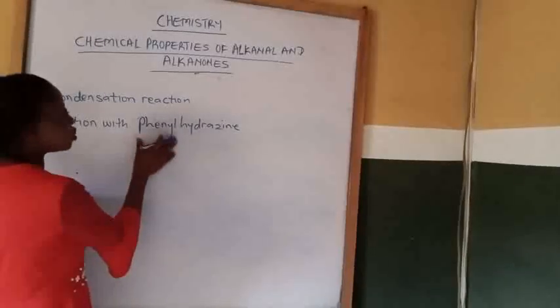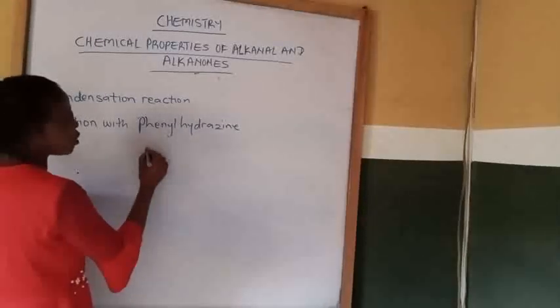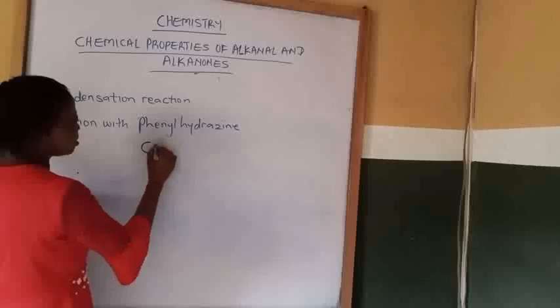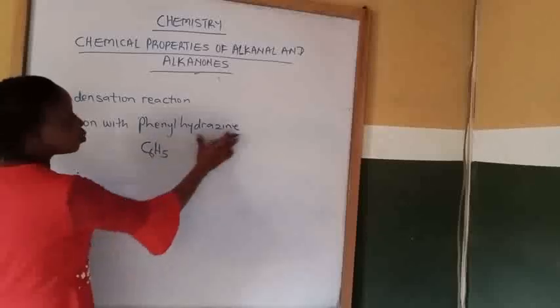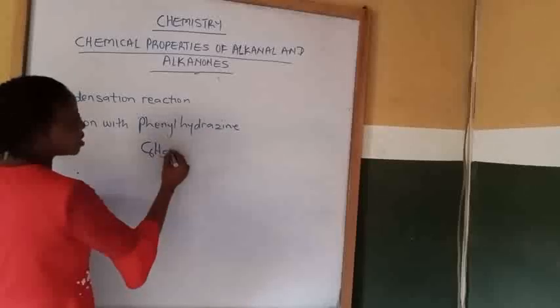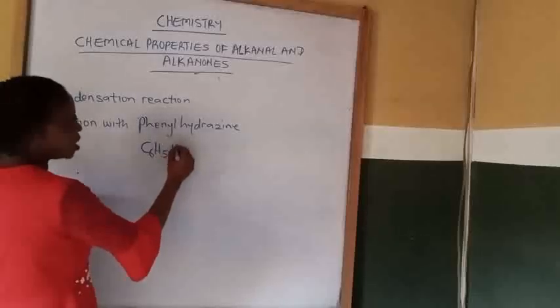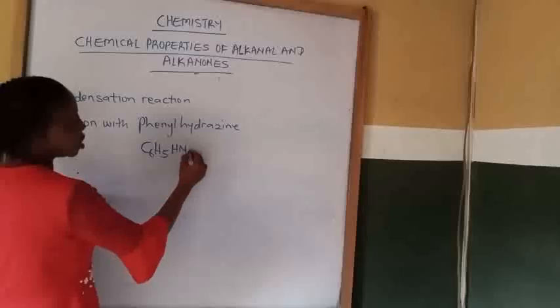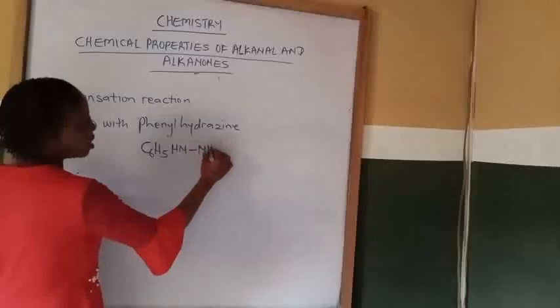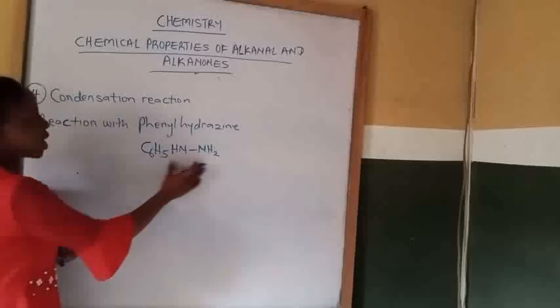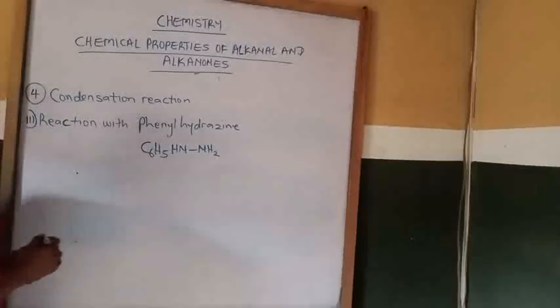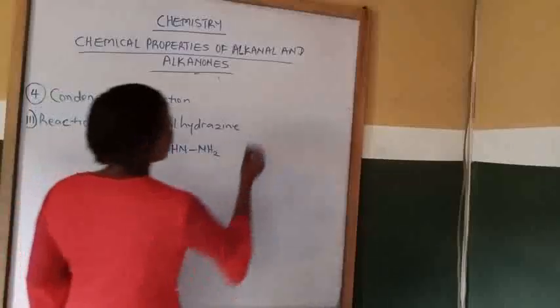That is a reaction between vinyl from the benzene structure, that is C6H5, plus hydrazine. So there will be loss of one hydrogen atom from hydrazine. That will be HN, then NH2. So the formula for vinyl hydrazine is C6H5, HN, then NH2.